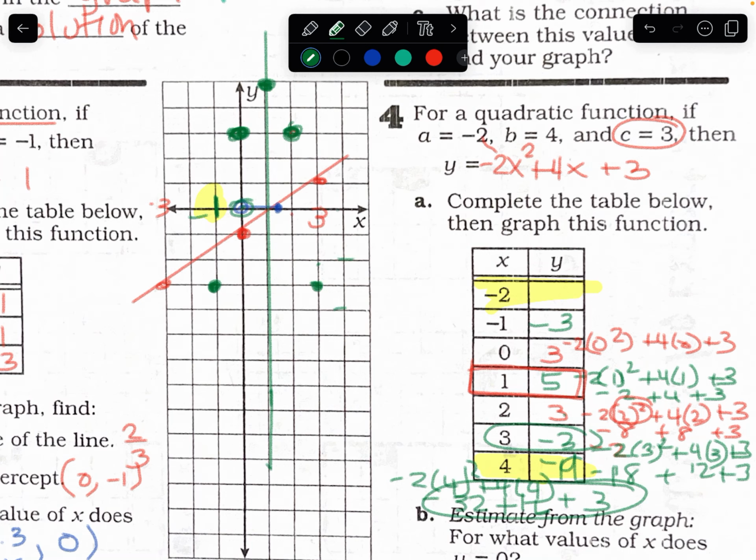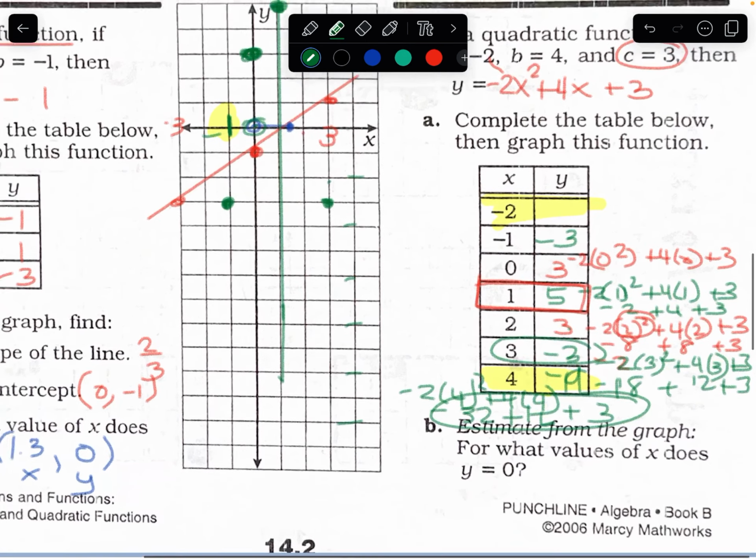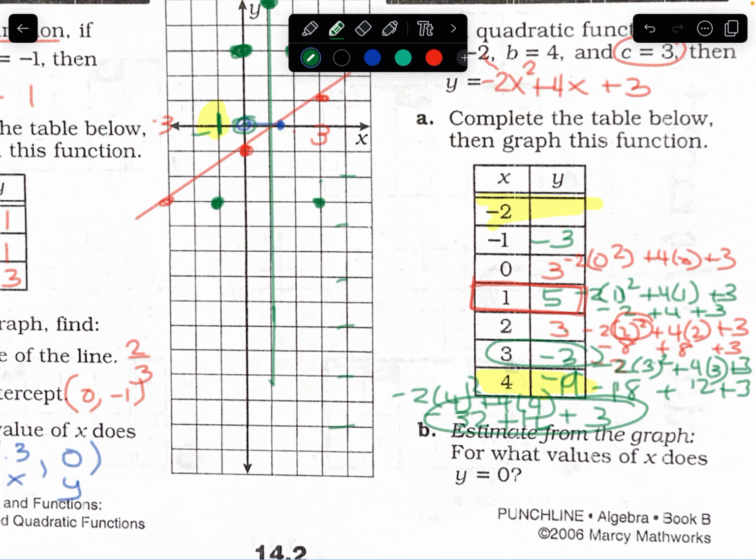2, 4, 6, 8, 10, 12. No, 13, because it's 16. -16 plus 3 is 13. Not 19. Gosh darn it. That's -13.